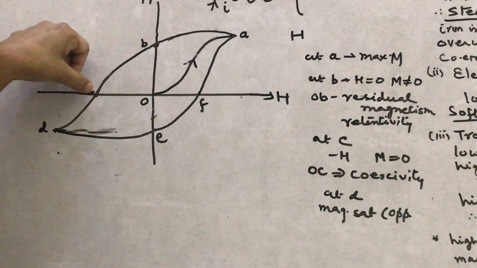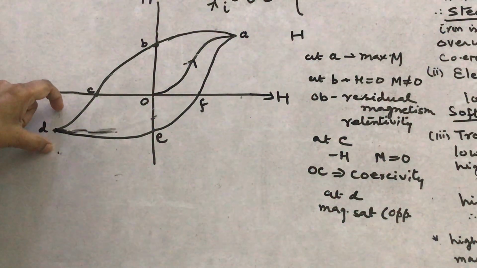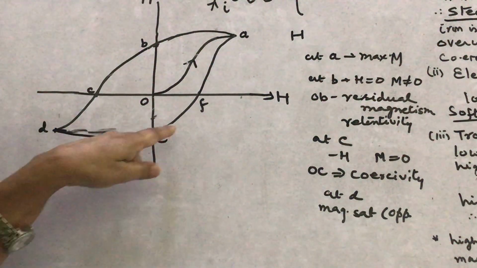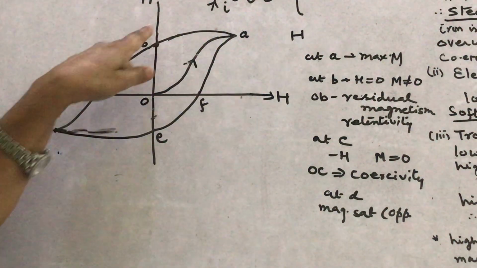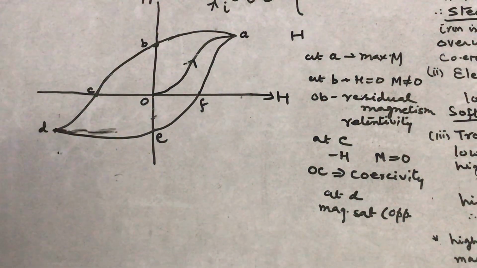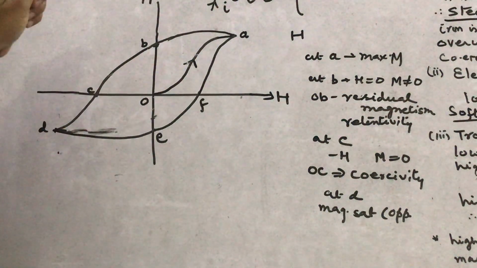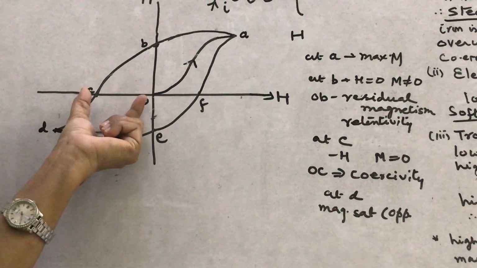Then again increasing H in the opposite direction, we find magnetic saturation in the opposite direction. So, from A to B to C, D, then E to F and A, this complete cycle is called the hysteresis loop, and we observe the two main properties, that is retentivity and coercivity.